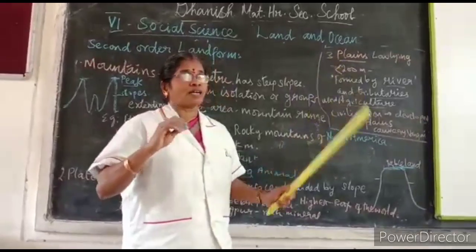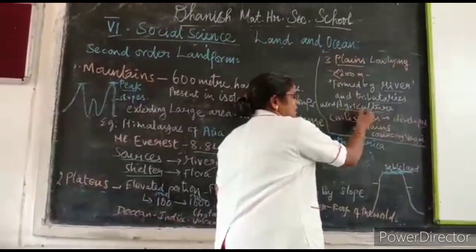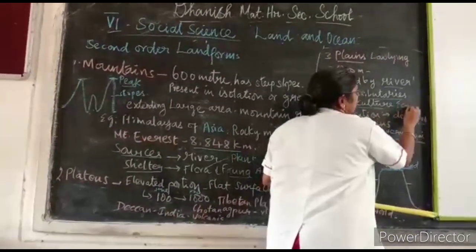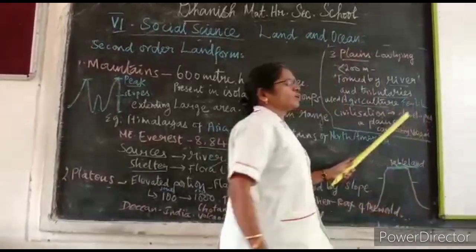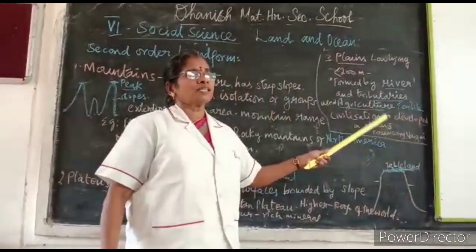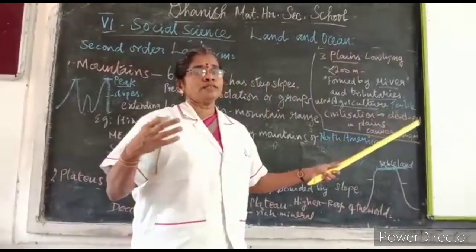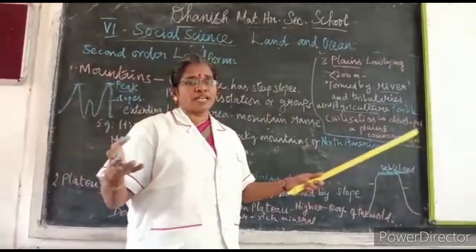So plains will have an ample amount of water, and if the water is there, the soil will also be fertile. Fertile means capable of producing different varieties of grains.